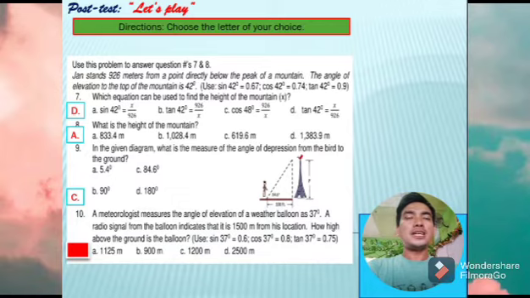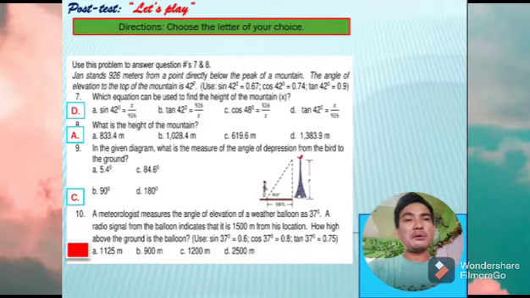A meteorologist measures the angle of elevation of a weather balloon as 37 degrees. A radio signal from the balloon indicates that it is 1,500 meters from his location. How high above the ground is the balloon?